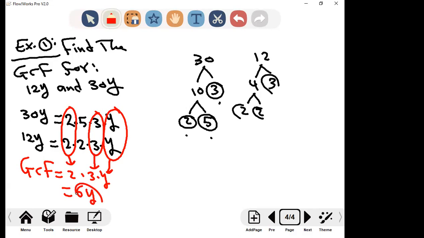So 6y is the greatest common factor of these two expressions, 12y and 30y. Do you understand this?